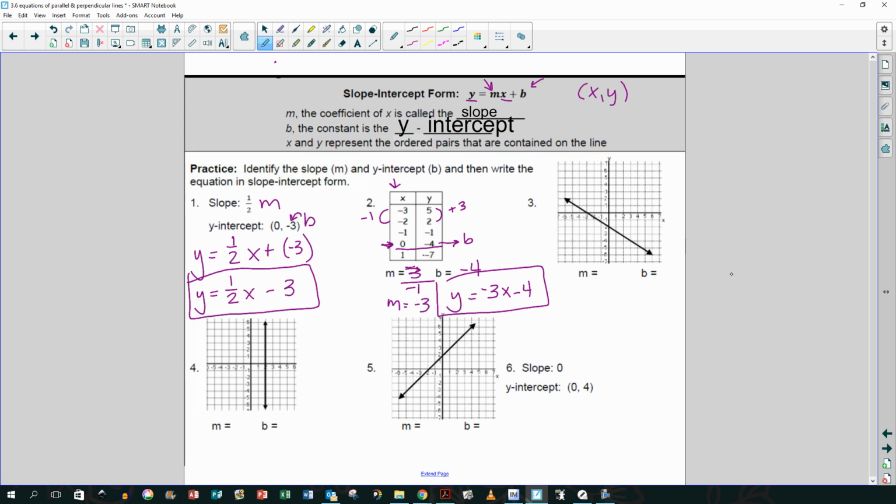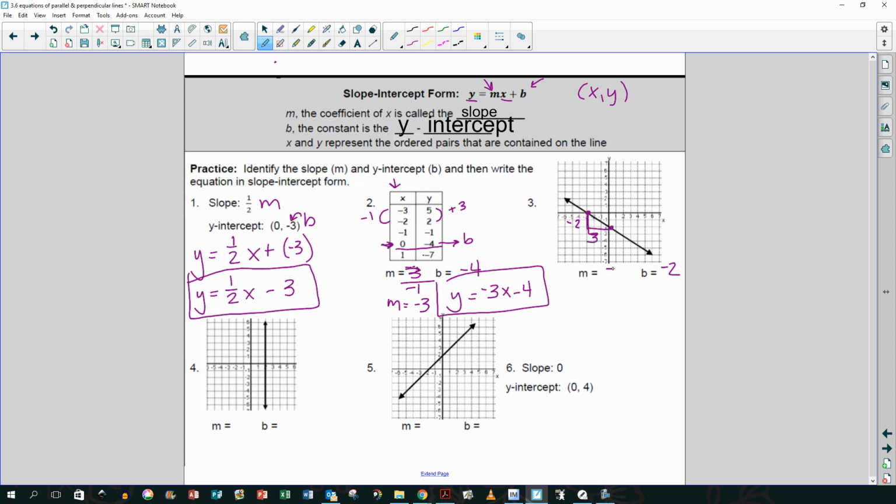All right. Over here, super easy because you can just count your spaces. First of all, I see that I am crossing the y-axis at -2. So my y-intercept is -2. Now for my slope, we go down 2 and over 3.